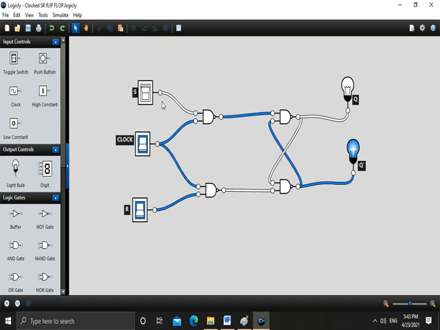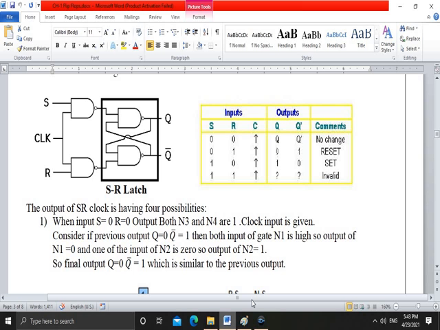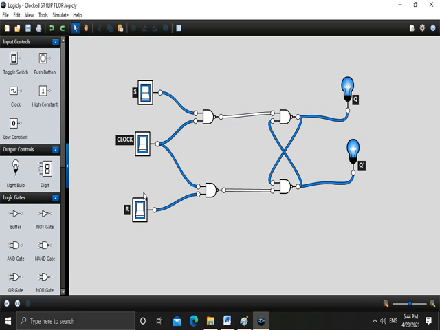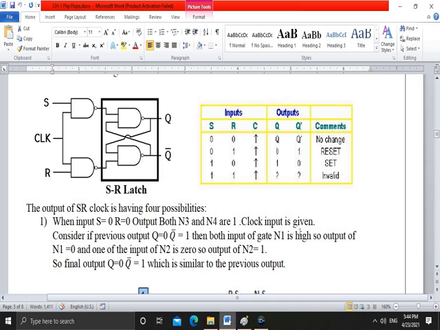When R is 1, S is 0, clock is given, output is Q is 0, Q bar is 1. And if both the inputs are 1 1, clock is applied, then both outputs are 1 1, invalid state.